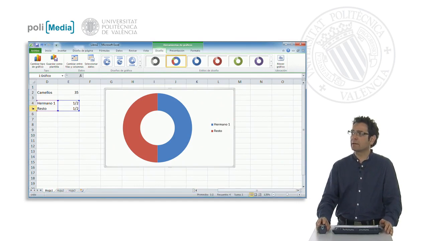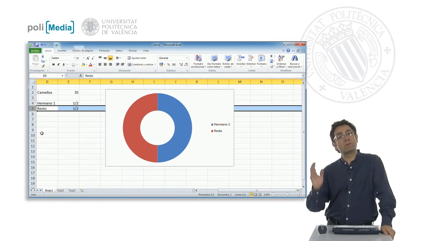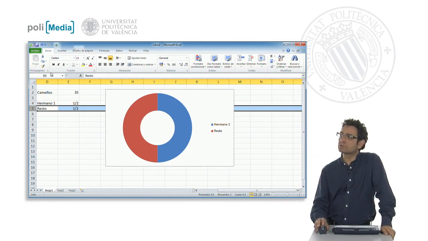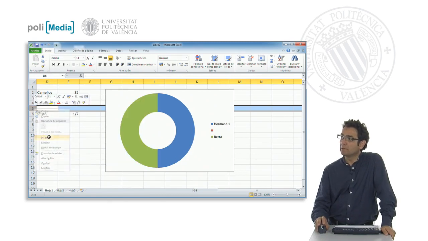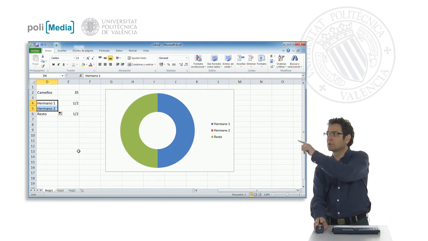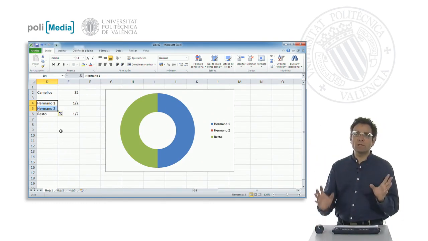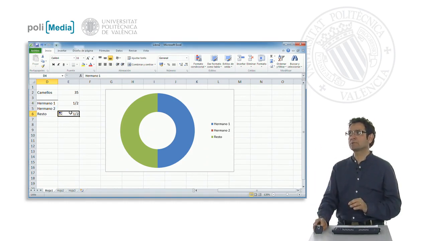Let's edit this data table, and of course now comes the second brother of this remainder. We are going to insert a row here and we say brother number 2. We see that it already transfers it here in red, the second brother number 2, he is to receive of this half we have as remainder.